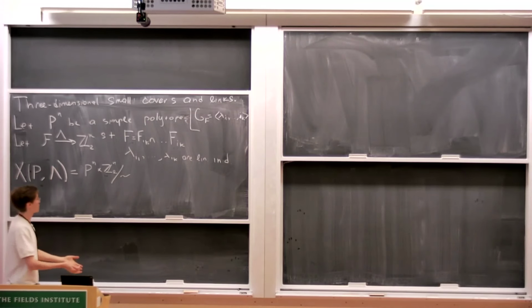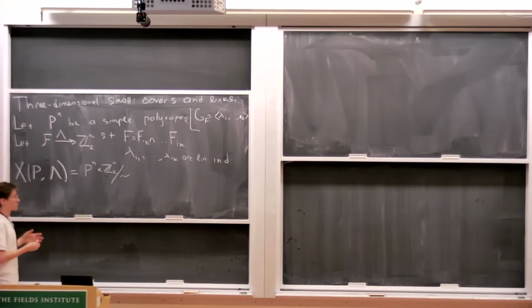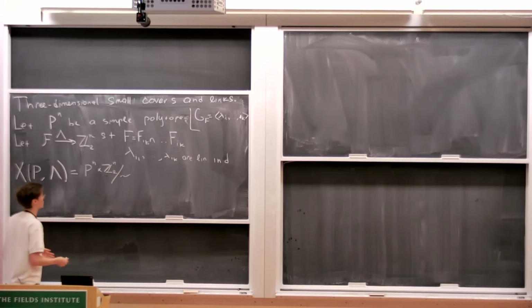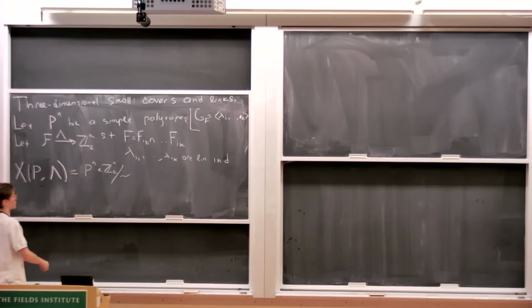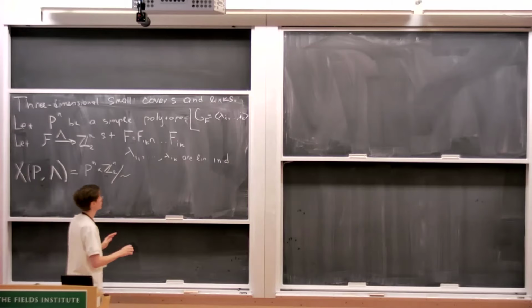So your orbit space is a manifold with corners, and we say that X is a small cover if this manifold with corners is a simple polytope, or more precisely diffeomorphic to a simple polytope as a manifold with corners. However, we will use the following definition.